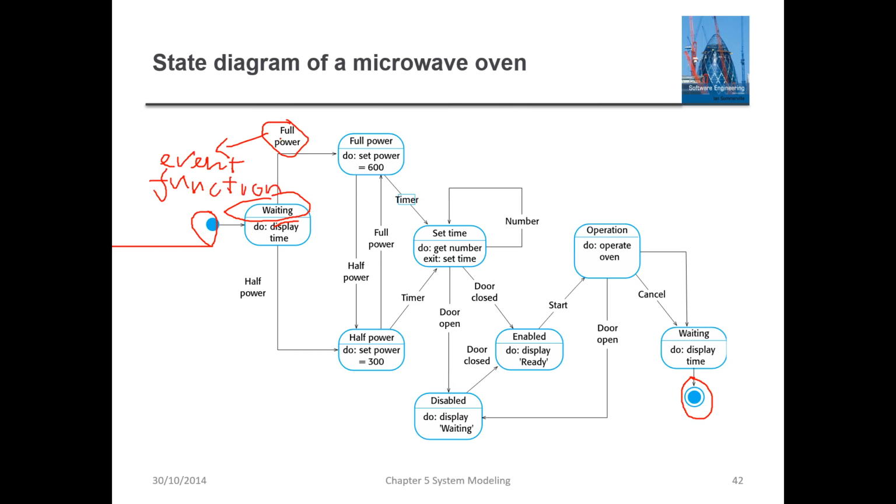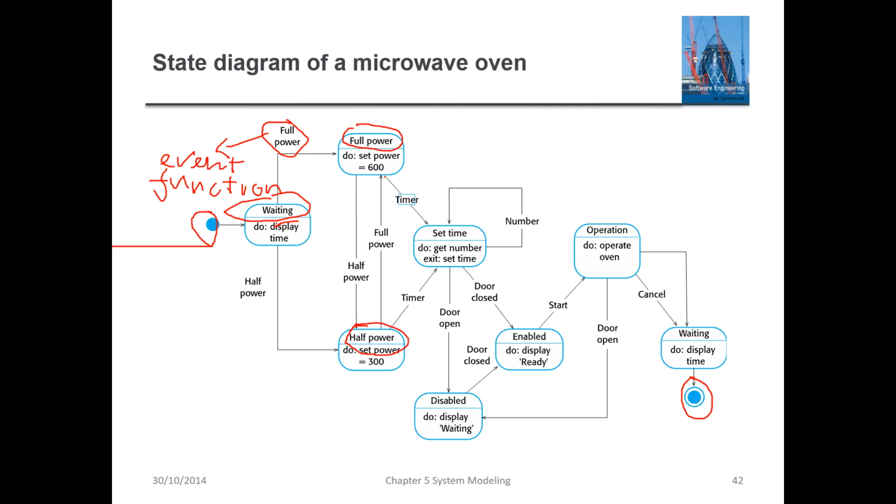So when an event is active or created, it changes the status of the microwave to, for example, waiting to full power or waiting to half power.